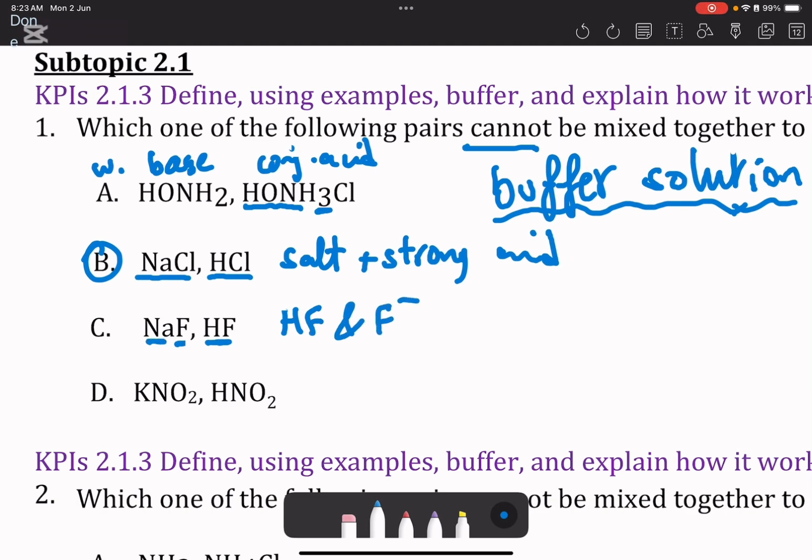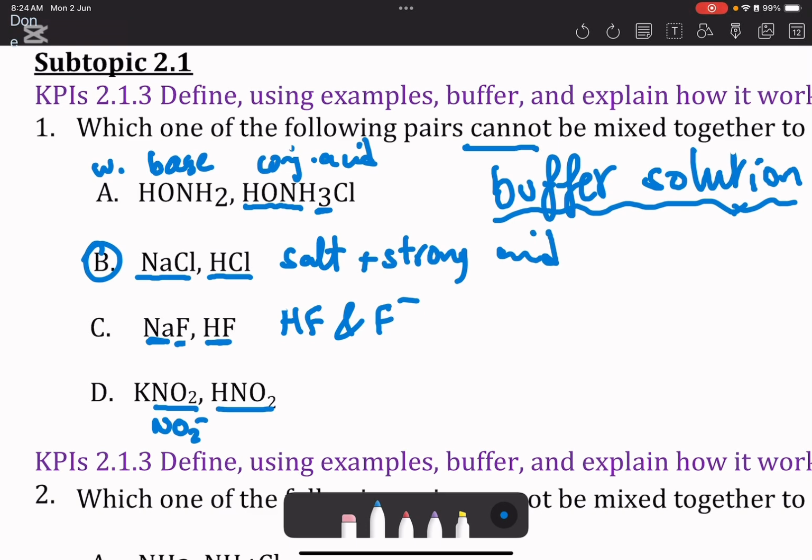Na is just a counter ion to couple the F, just a spectator ion. It's a pH neutral ion. And again here, NO2 minus and HNO2. That's an acid with its own conjugate base.